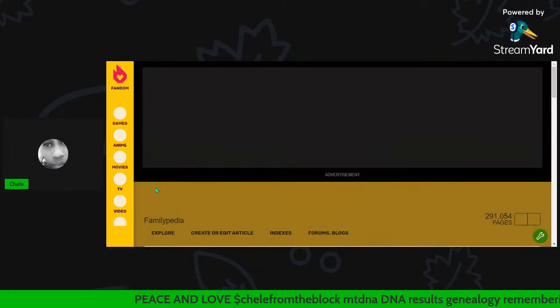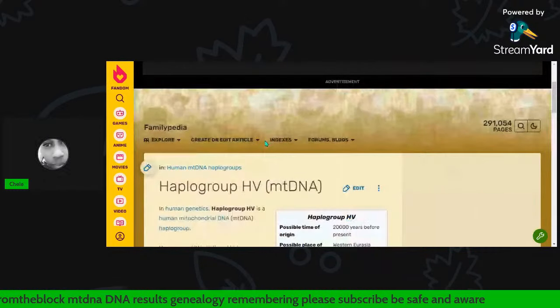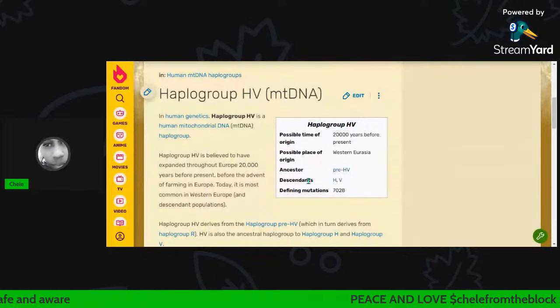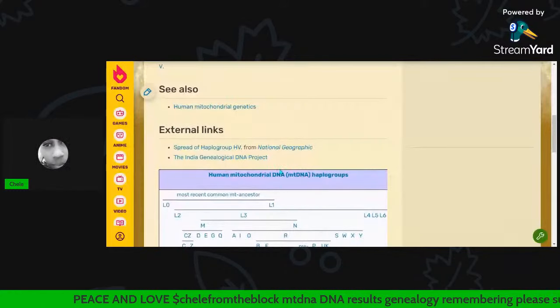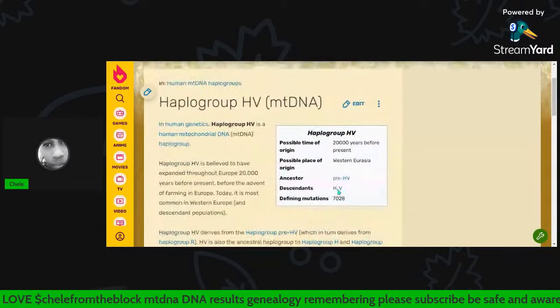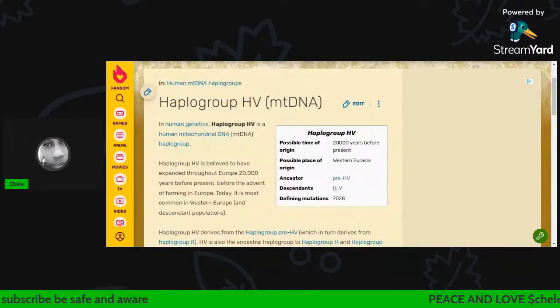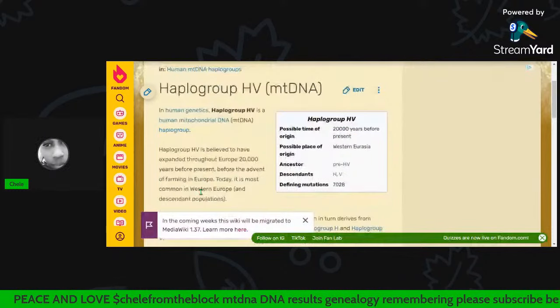So I have a small percentage of the daughter of H, and I have a feeling that H is more. Haplogroup HV, ancestor, pre-HV, descendants, H and V. Now, I don't have V, but I have H. I have this descendant. So I have HV and H, but no V. Haplogroup believed to have expanded throughout Europe 20,000 years before present, before the advent of farming in Europe.